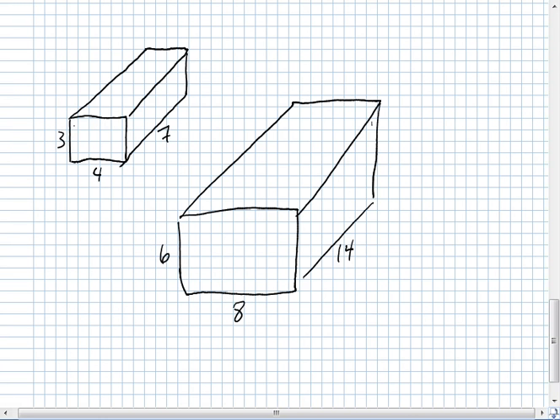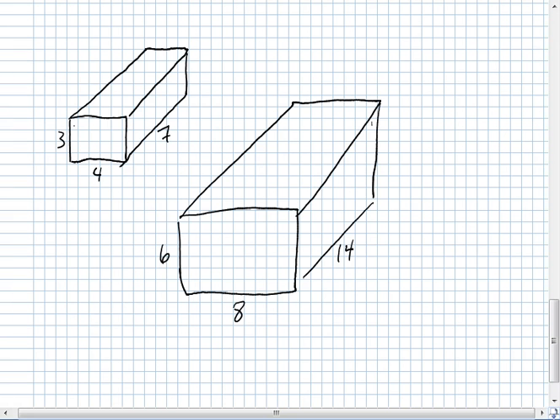The surface area of any object is expressed in units squared, just like area is. So you would expect that the relationship would be a squared relationship. If you multiply the side lengths by 2, 2 squared is 4. That'll be a 4 times increase in surface area.